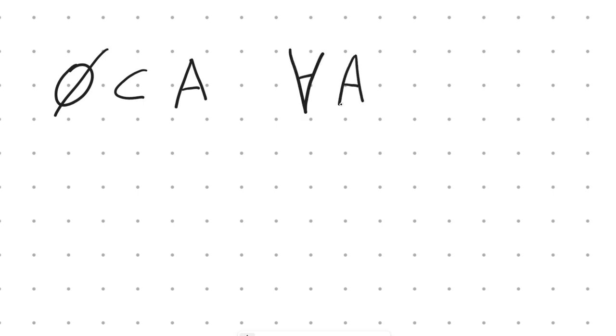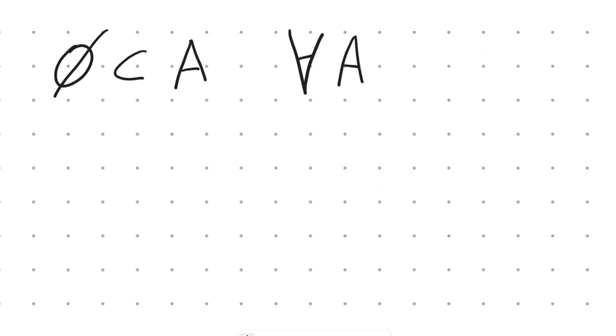So if we look at A and the empty set, we can say that for every A, the empty set is always a subset of A, for all A that exist in our mathematical world. In order to prove this, I would like to introduce a set.